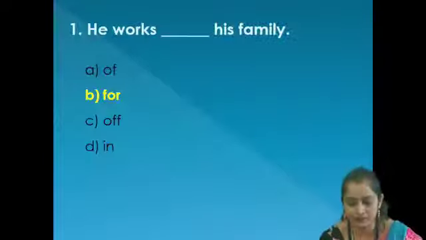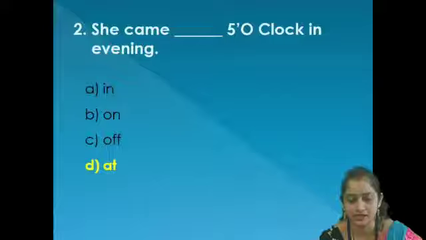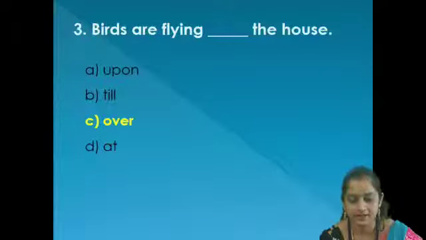And last one is multiple choice questions. Question number 1. He works dash his family. He works for his family. And second one. She came dash 5 o'clock in the evening. She came at 5 o'clock in the evening.